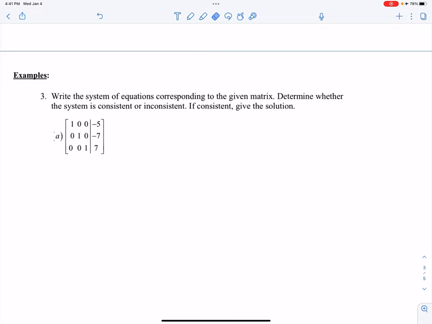Okay, write the system of equations corresponding to the given matrix. Determine whether the system is consistent or inconsistent. If it's consistent, give the solution.